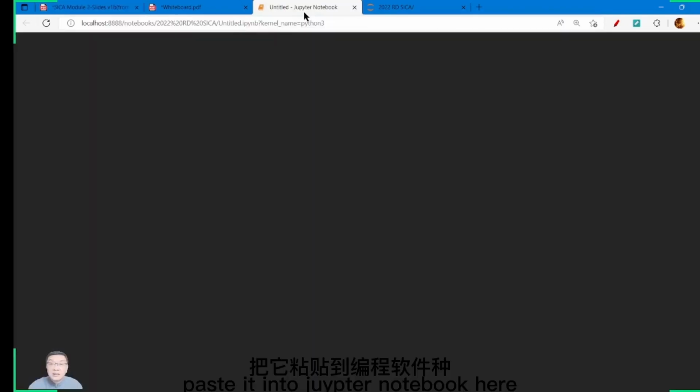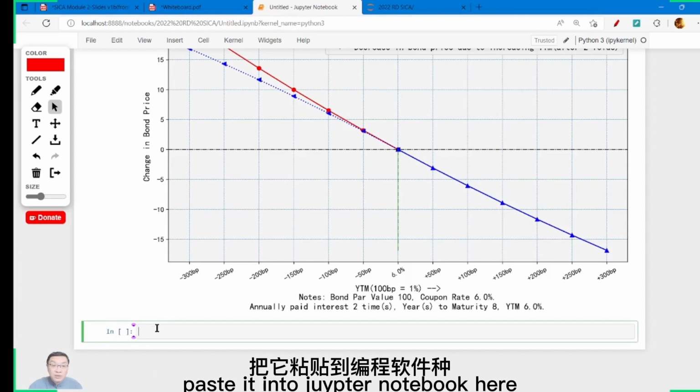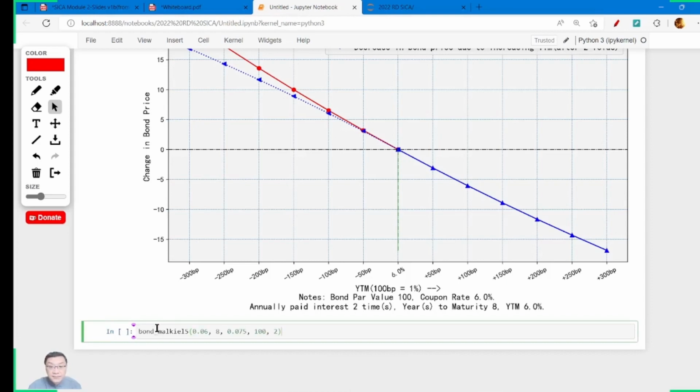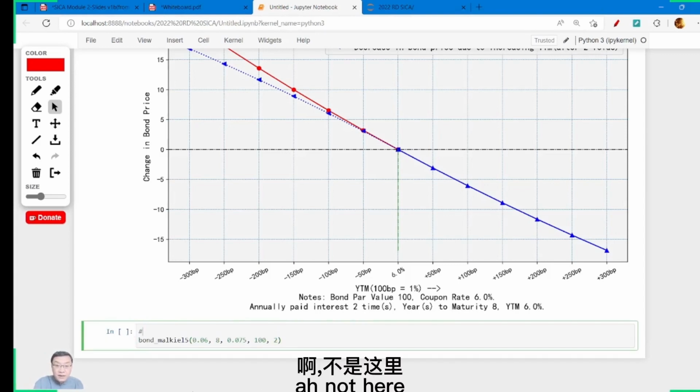Let's paste it into Jupyter Notebook here. I have a log here. This is law number 5.